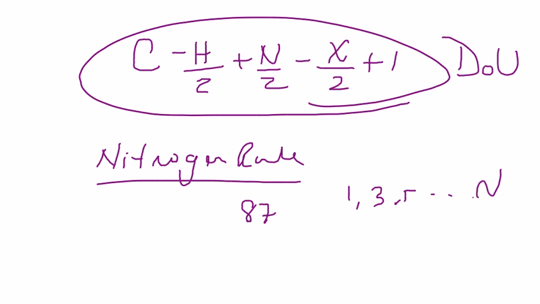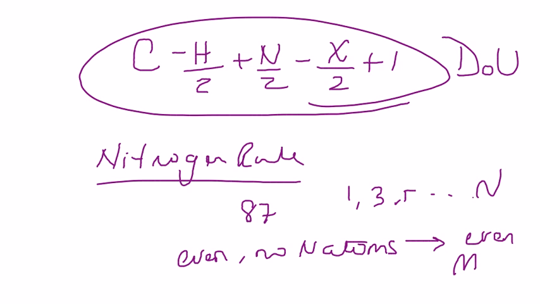On the other hand, if a molecule contains an even number of nitrogen atoms, so 2, or no nitrogen atoms, that would mean that it has an even molecular weight. If it's an odd number, that would mean that it has an odd number of nitrogen atoms. And this fact basically arises from the fact that even though nitrogen has an even mass, it has an odd valency. That means it can make only 3 bonds, not 4, as you would see in the case of a carbon.